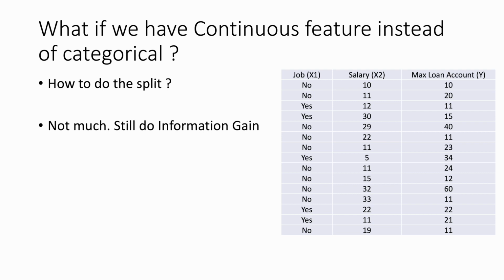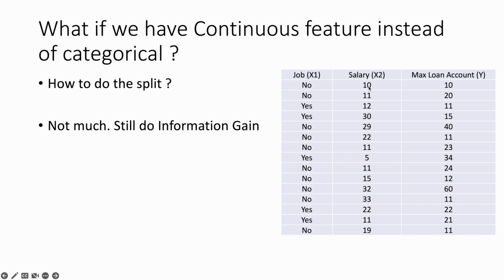That's the important question. Most of the principles we employ with our categorical features remain the same. The only change is that we'll still calculate the entropy, the reduction in entropy, and we'll still go for the max information gain. In this case, we need to arrange the observations in ascending order. Let's say we are doing a split at the root node, we'll arrange all the observations in ascending order of this feature, right?